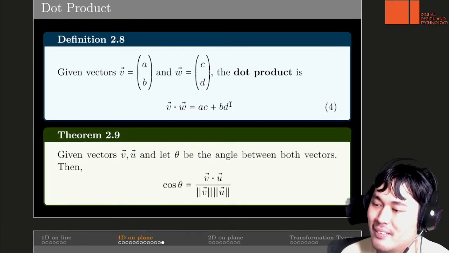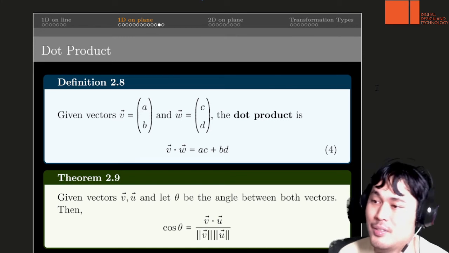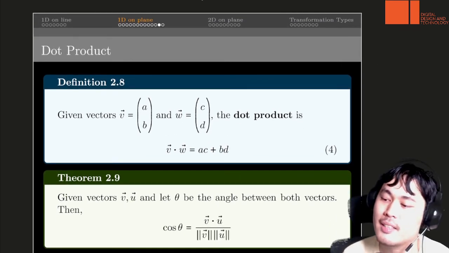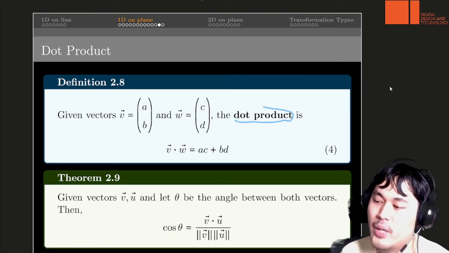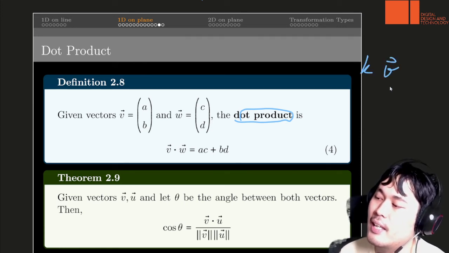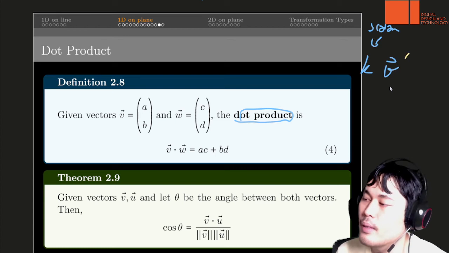And lastly, again, we don't need this in this class, but this is actually an important notation in vector, which is the dot product. The dot product is a way to multiply vectors. Recall that we can multiply a vector by a scalar. This is a scalar, just a single number, like 3, 5, minus 2.